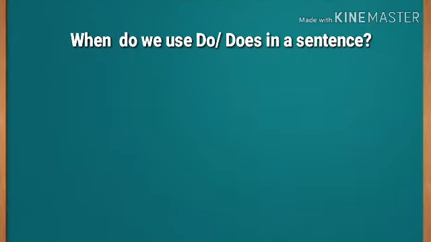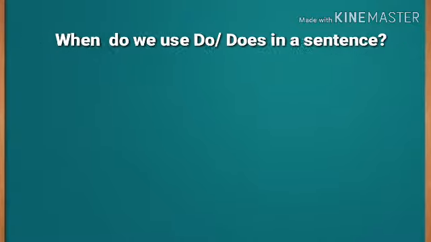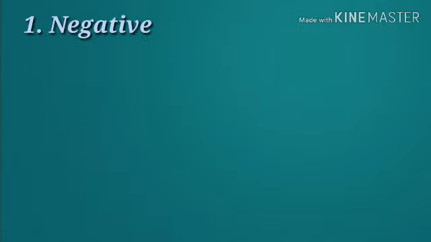When do we use do and does in a sentence? There are two ways. I'm going to tell you the first one. Negative sentence.